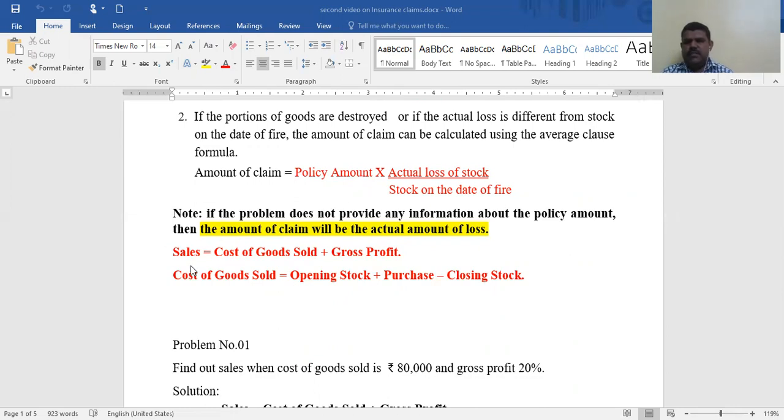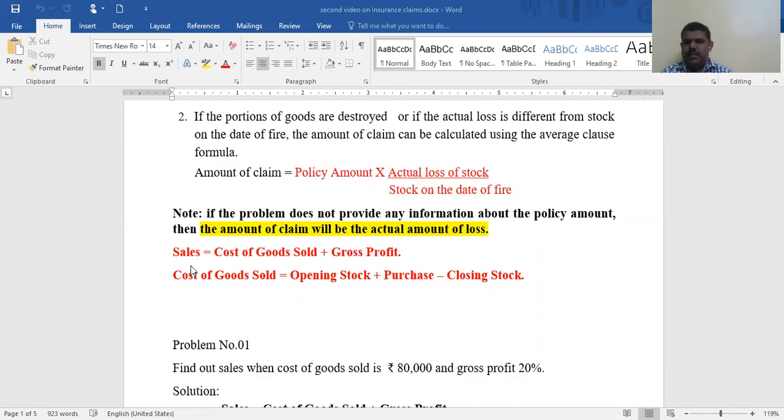So once again, let us try to understand this equation. As I told you earlier also, there is a direct connection between the profit and the sale. If the sale is high, definitely profit will also be high. If the amount of sale is less, profit will also be less.